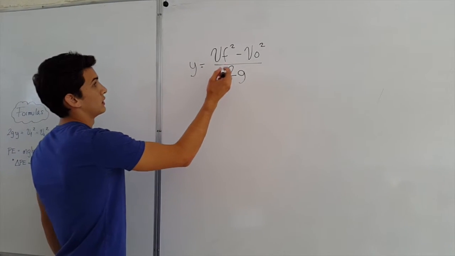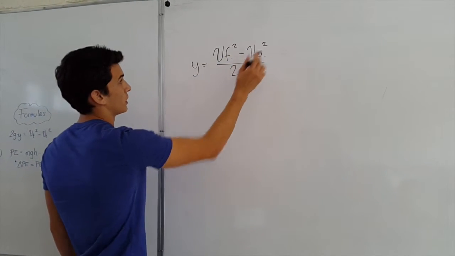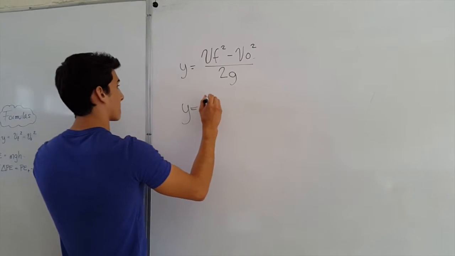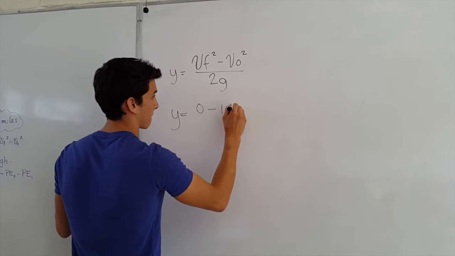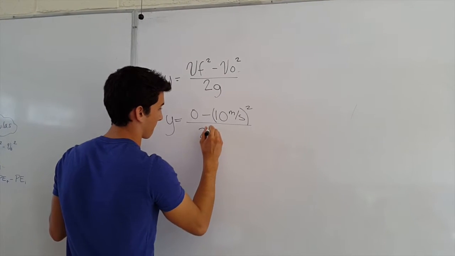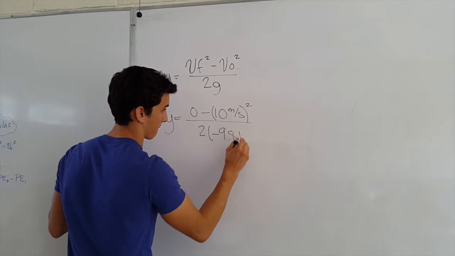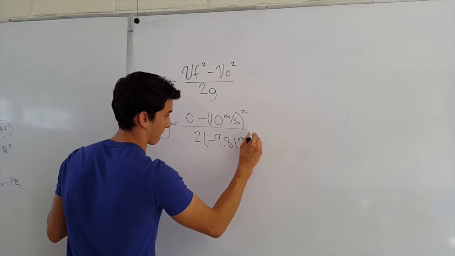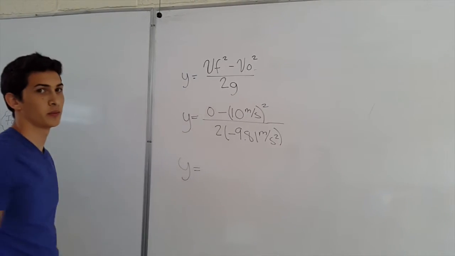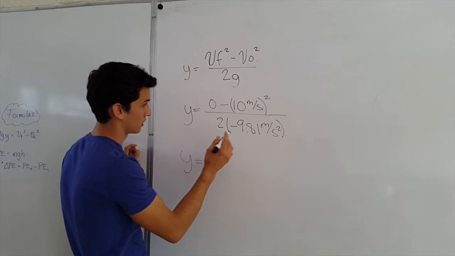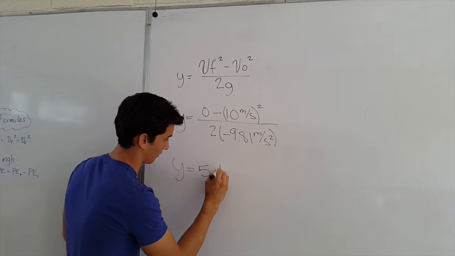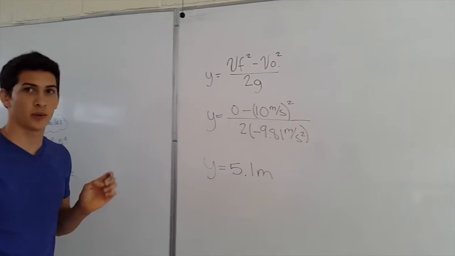All this data, we have it, so we only substitute. We put these numbers in the calculator and the result is 5.1 meters.